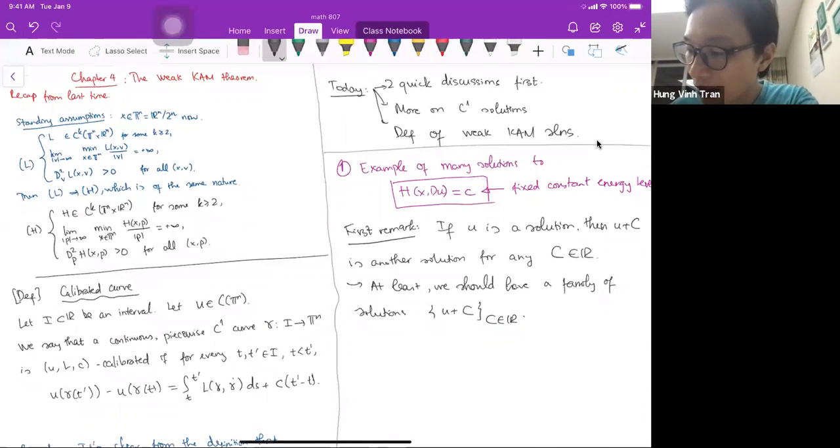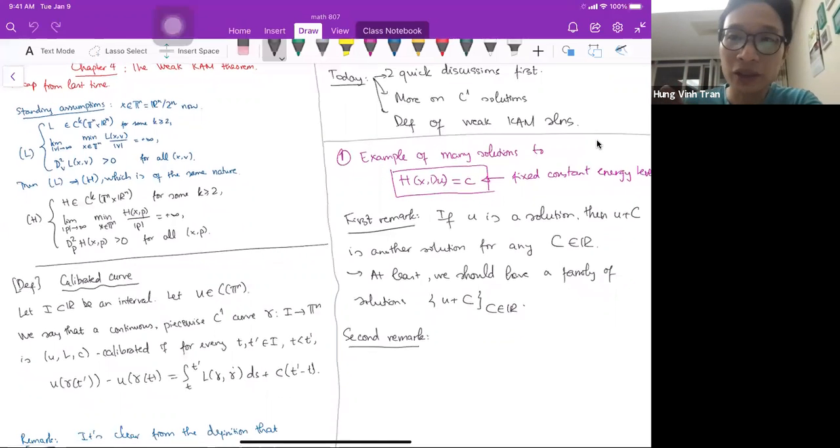The second remark here is that this is a general equation, and pointing out examples could be hard. So I would focus on a more explicit one.